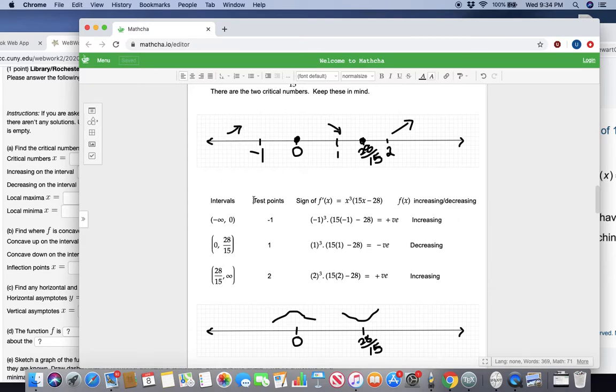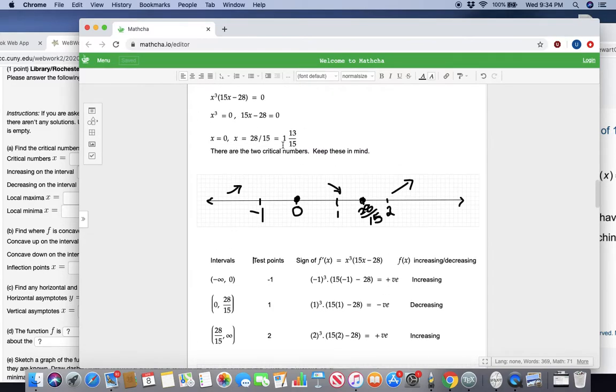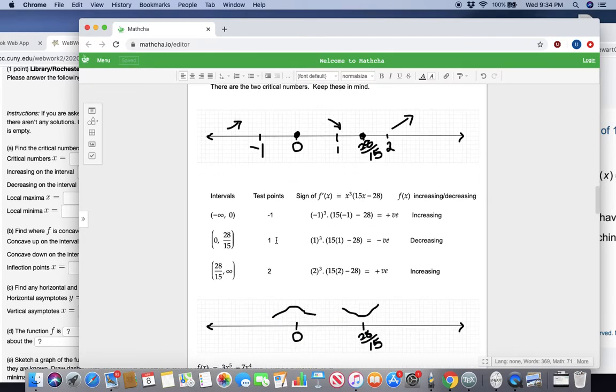Okay. Likewise, from 0 to 28 over 15. We estimated just here, 28 over 15 is 1 and 13 over 15. In other words, it's to the right of 1. Okay, so we have chosen a test number there. Plug that guy in the derivative function. 1 cubed, times (15 times 1 minus 28).